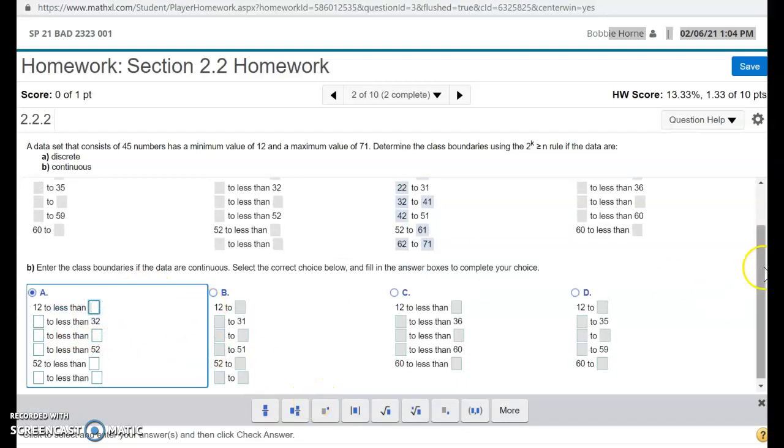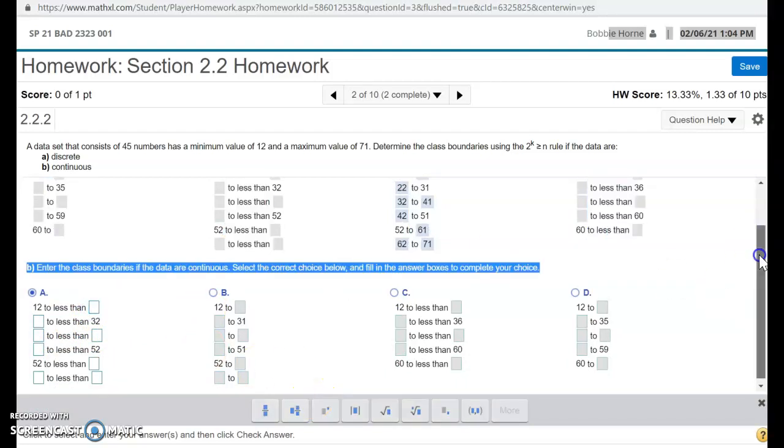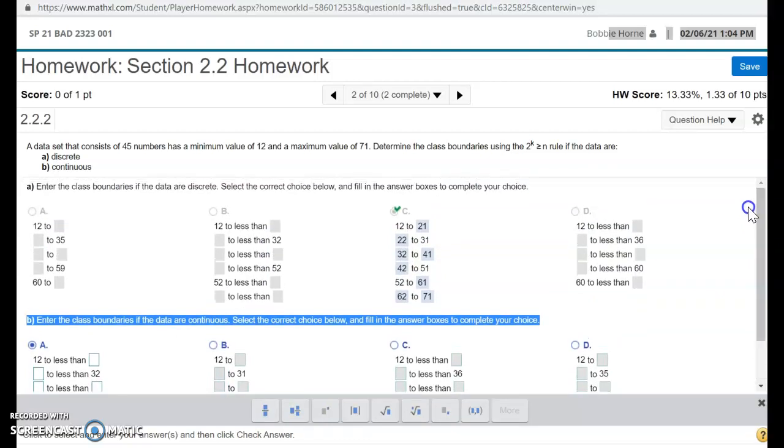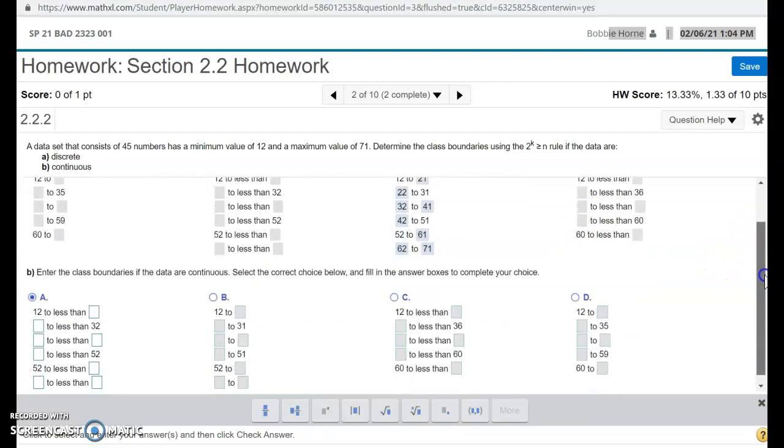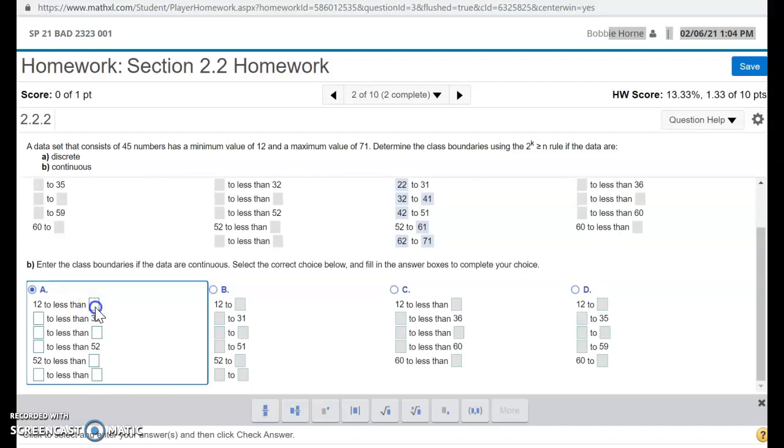So here we want to include 12 to less than 22. And what that does is that goes not only just to 21, but it goes to 21.5, 21.8, 21.9.